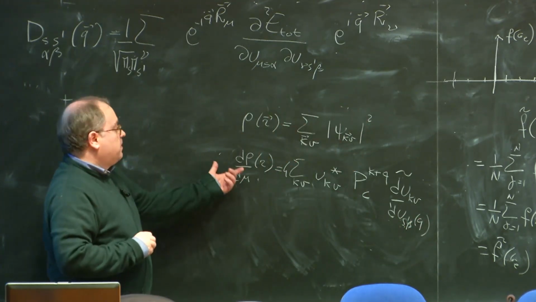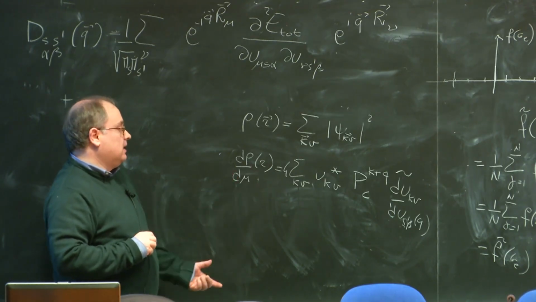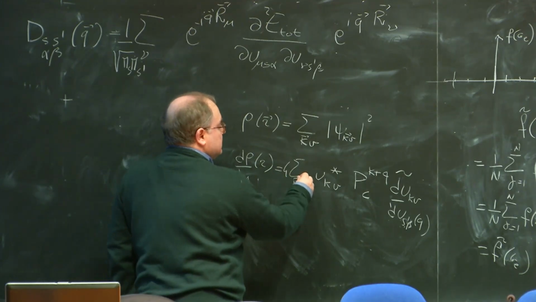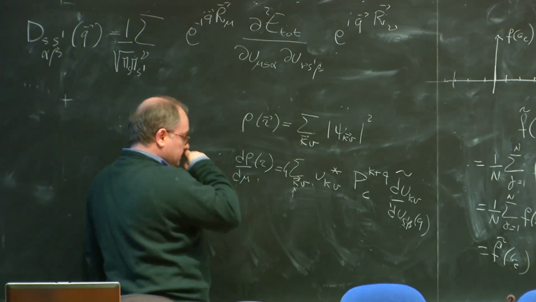So this was the expression of the change of the charge density that we wrote, and in principle also here we have to do a sum over the k points.